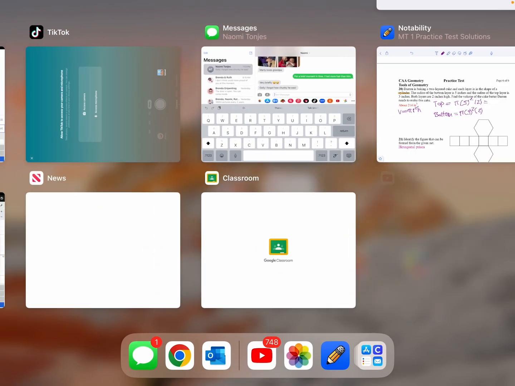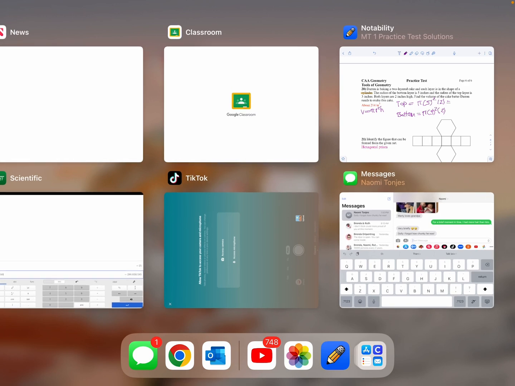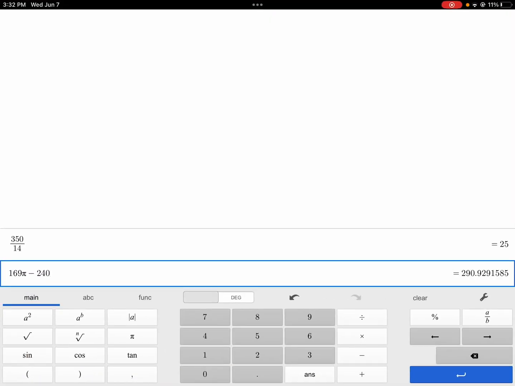Here we go. So we take pi times 5 squared times 2. That will give me about 157.08.